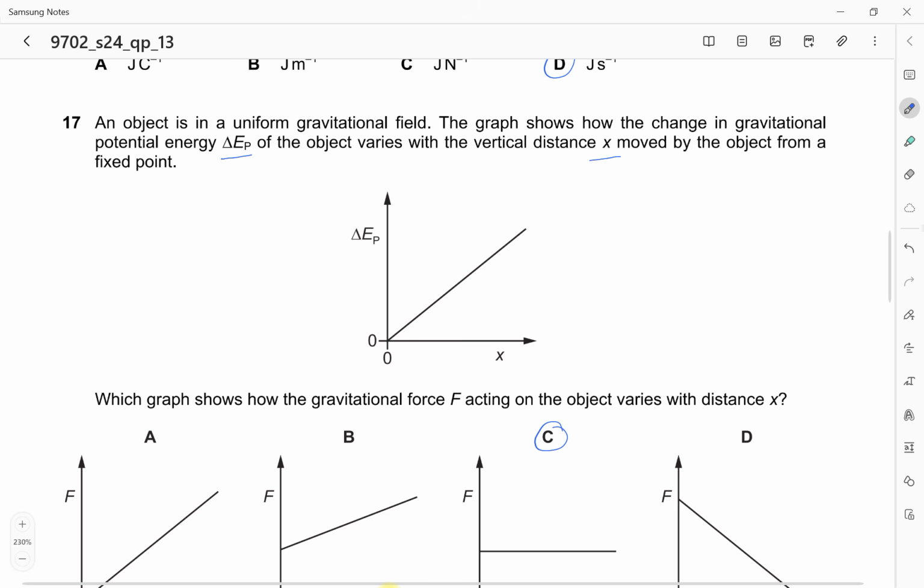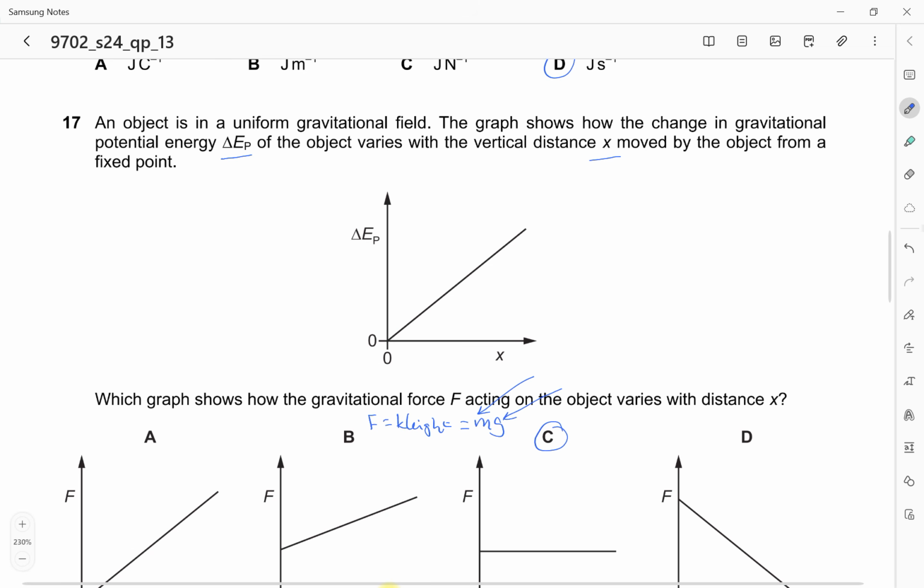So the gravitational force, which is of course the same as the weight, is equal to m times g, where m is the mass of the object, which is not changing, and g is acceleration due to gravity, which depends on the Earth. So it means the gravitational force is going to be a constant.